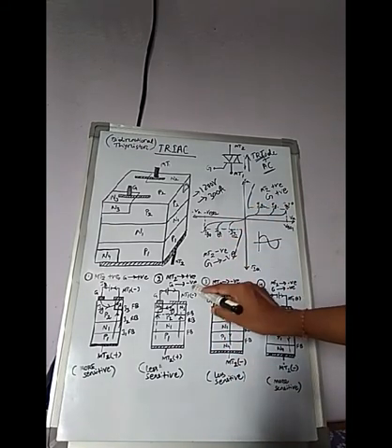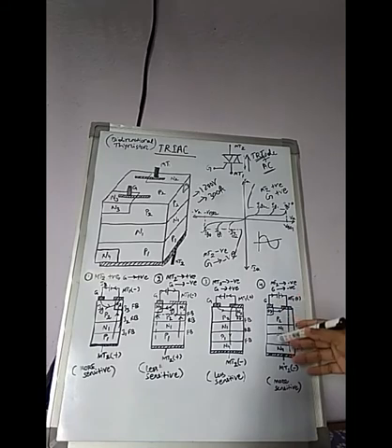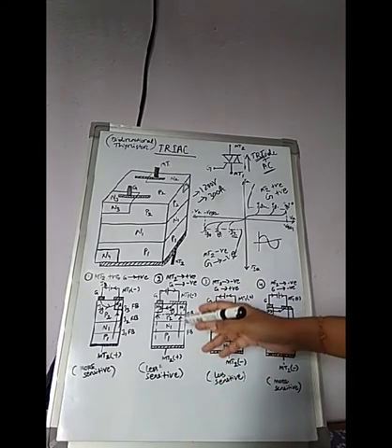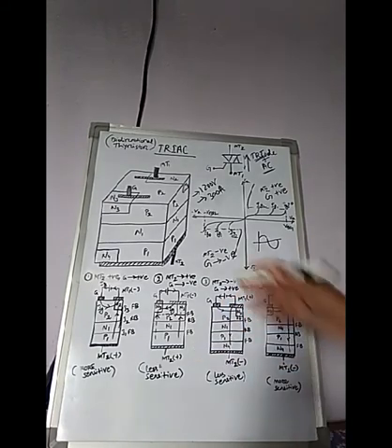So when gate is negative, here gate is negative, here also gate is negative. So with constant negative gate current, the triac may turn on with MT2 negative, in the third quadrant, but it may not turn on when MT2 is positive.